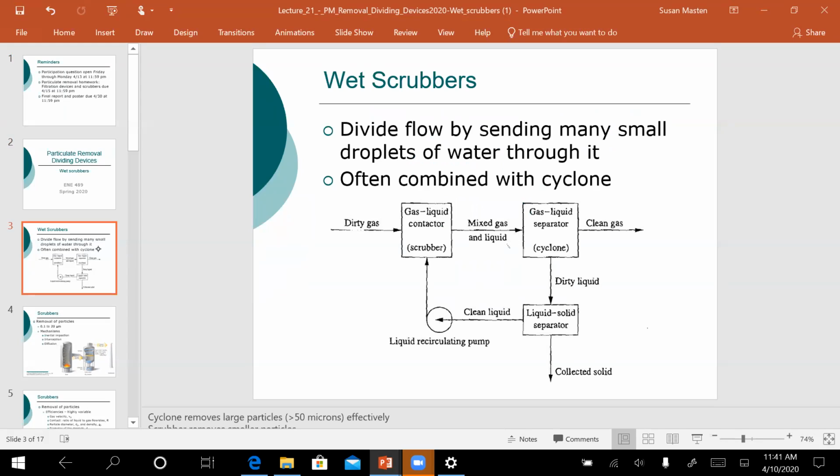So with wet scrubbers, we're looking at dividing this gas flow by sending it through many droplets of water. You can think of a wet scrubber as a rainstorm. Springtime, there's lots of pollen in the air, and what happens when it rains?